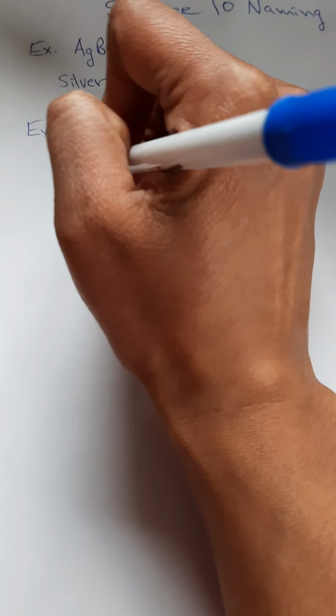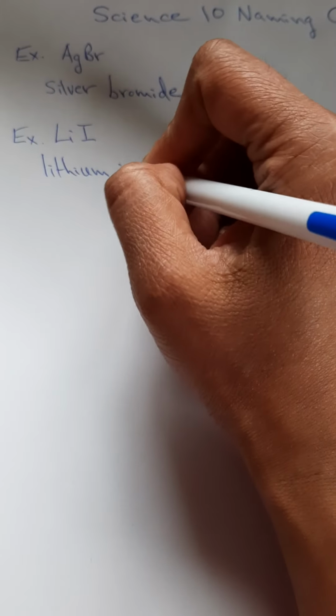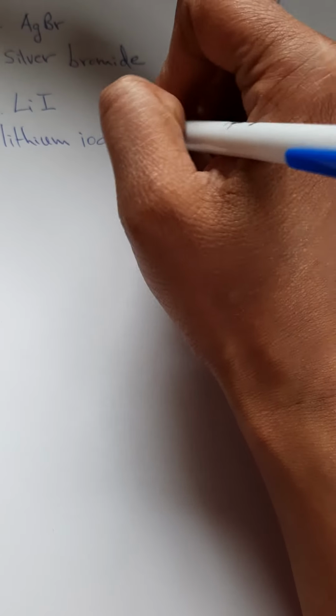If you look at Li, it is lithium. Lithium is in group 1. And I is iodine. Again, it's in group 17. And we're going to add IDE at the end, so it becomes iodide. So lithium iodide. Everyone's good?